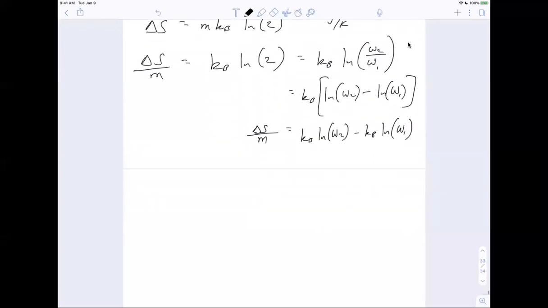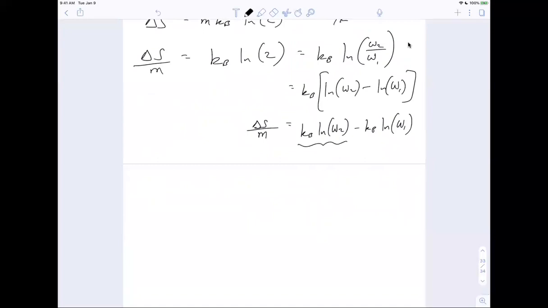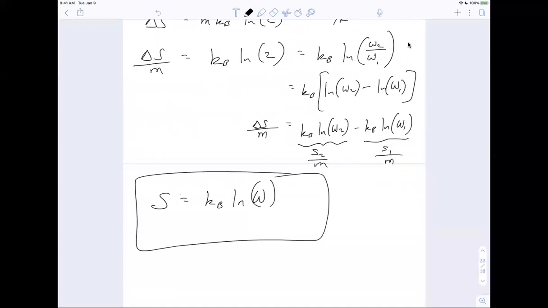So this is our S per particle. And what we can see here is that this must be S2 per particle, and this must be S1 per particle. So we'll define our entropy from a microscopic point of view, a very insightful point of view, as S equals k_B natural log of W, and this is for an isolated system.